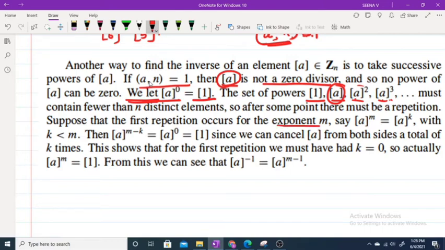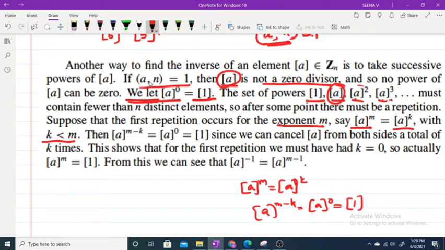Suppose let it be m. That means a raised to m equals a raised to k with k less than m. So a raised to m minus k equals a raised to 0, and a raised to 0 is 1, since we can cancel both sides.